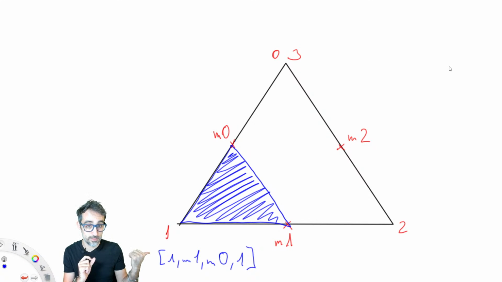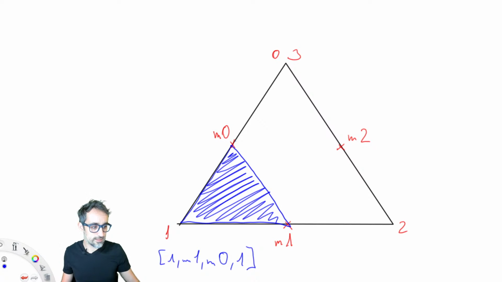For example, vertex 1, we were going to join it with the middle point that was next to it, the next segment, then with the middle point in the previous segment before it, and then back with itself. This was the sequence that we were going to use for creating these polylines.